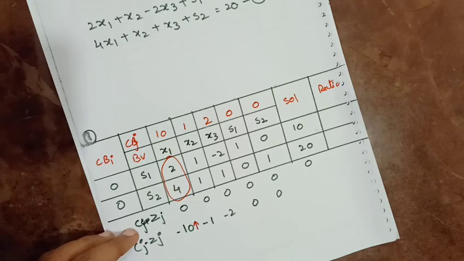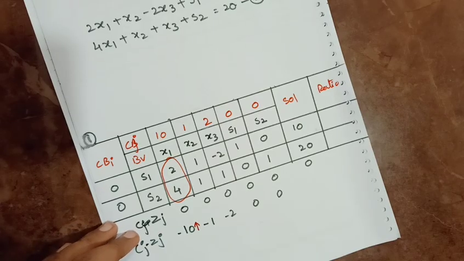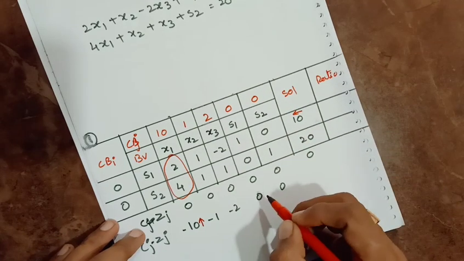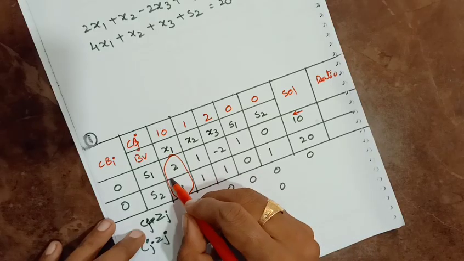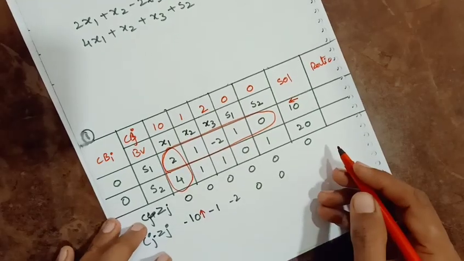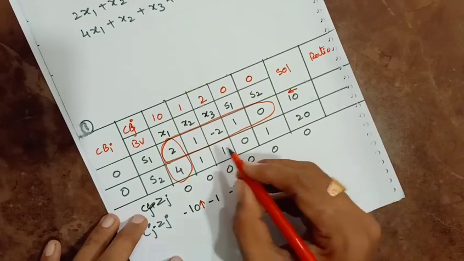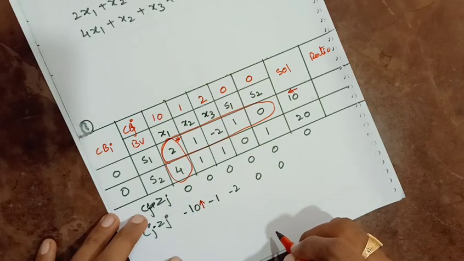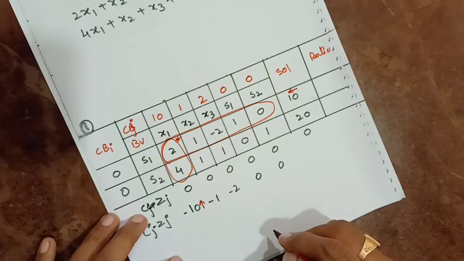The solution, whichever is the minimum in the solution, that we will be selecting. So here I am selecting this 10. So this particular row I am marking this one. Now here we can identify an intersection point, that is a 2, which can be considered as pivot point.